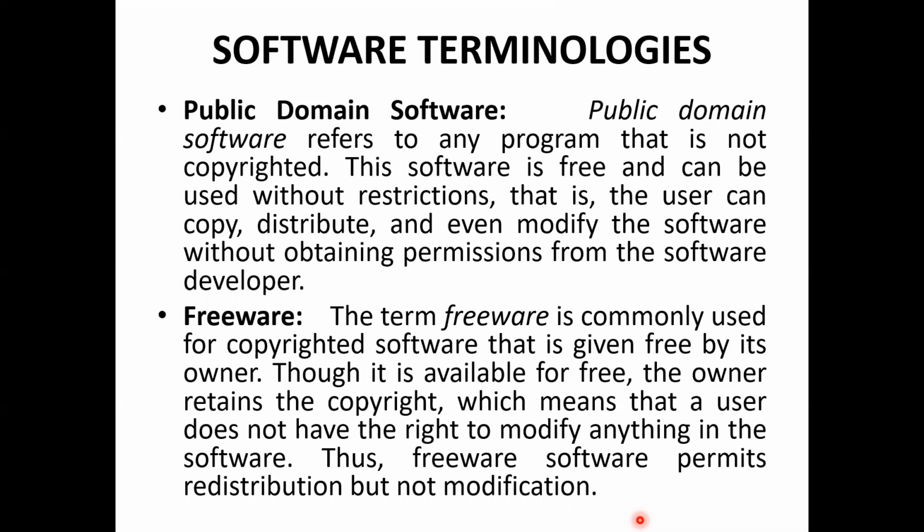Now, freeware. Freeware is commonly used for copyrighted software that is given free by its owner. Though it is available for free, the owner retains the rights, which means the user doesn't have the right to modify anything in the software. Thus, freeware permits redistribution but not modification. With public domain software, everything is free and you can do the modification, but freeware means copyrighted software that is given free, where redistribution is allowed but modification is not allowed.